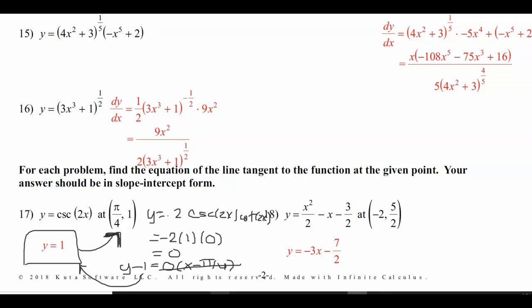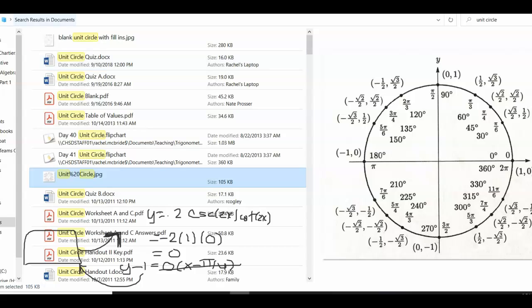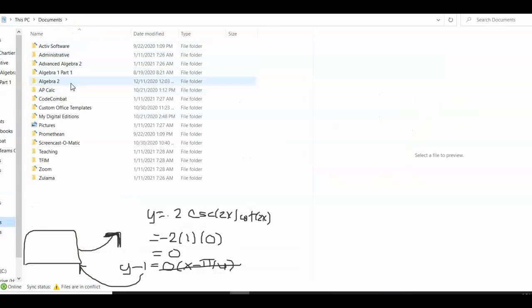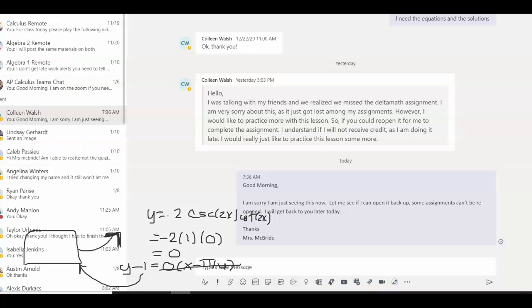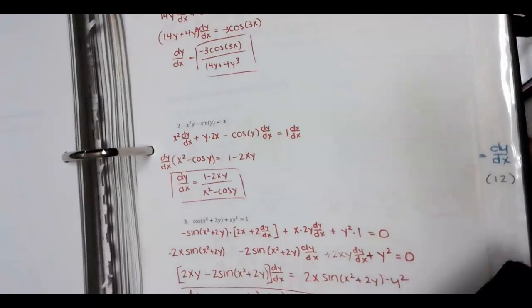I think that was close. Alright, my camera's coming up.